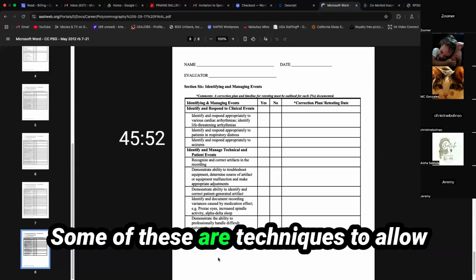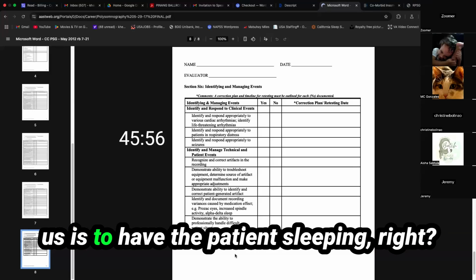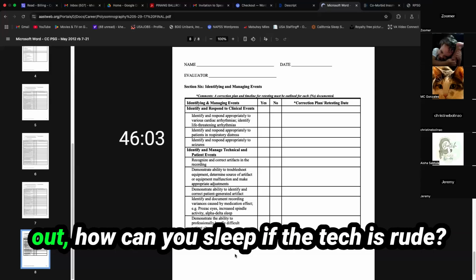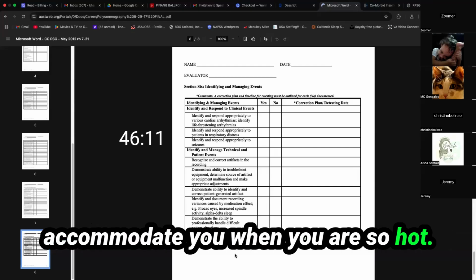Some of these are techniques to allow the patient to relax, because the goal for us is to have the patient sleeping, right? So how can you sleep if you're stressed out? How can you sleep if the tech is rude? Simple things like that. Or the tech doesn't accommodate you when you are so hot.